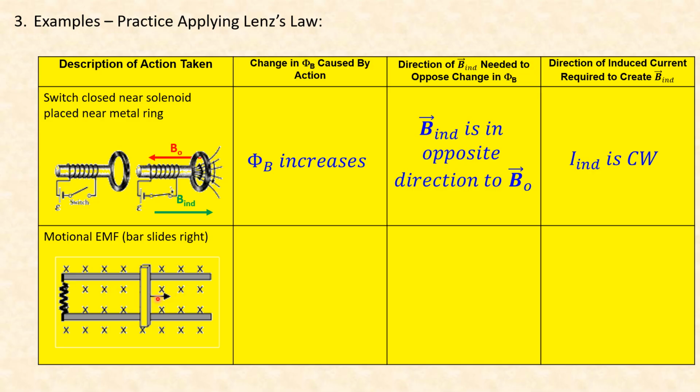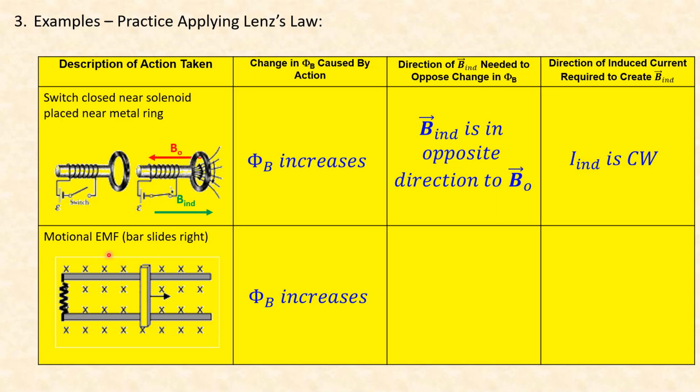When the bar slides to the right, if we consider that to be the action, what effect is that going to have on the magnetic flux? Clearly it's going to cause the magnetic flux through the circuit to increase as the circuit area increases. So, according to Lenz's law, how will the system respond?